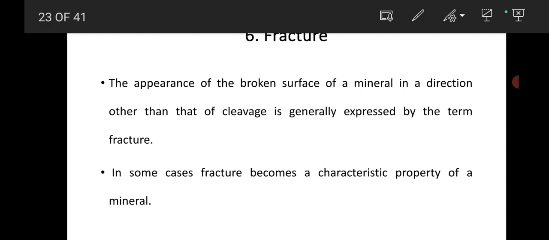Eminent means the mineral can be split very easily yielding extremely smooth surfaces, for example in the case of mica, whereas perfect cleavages are seen in orthoclase and calcite.